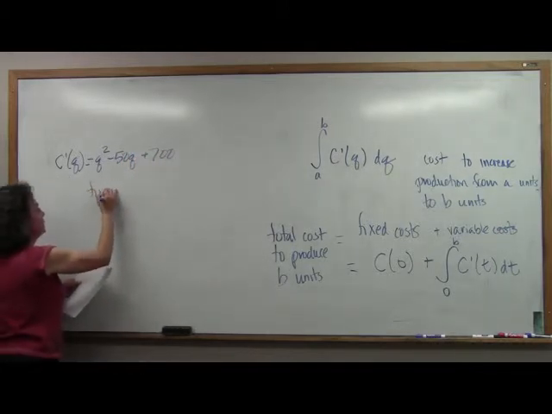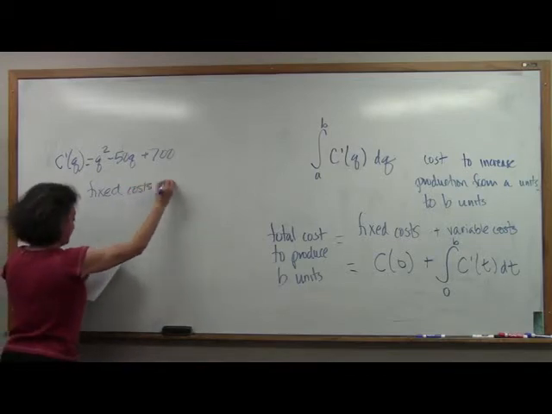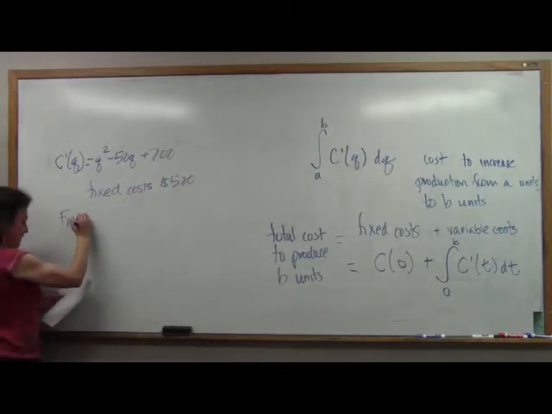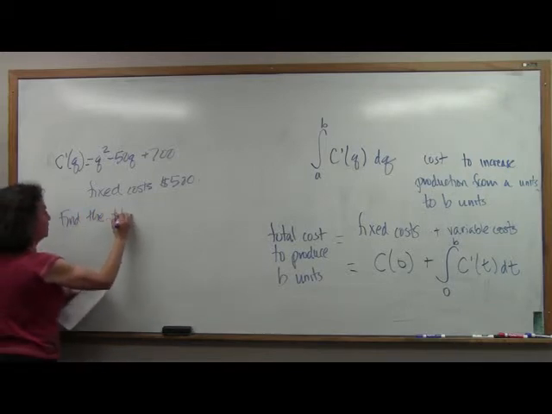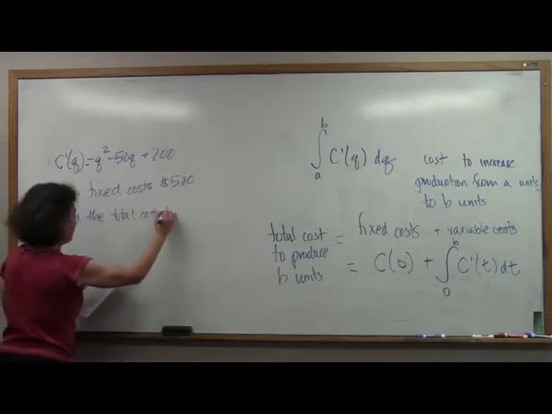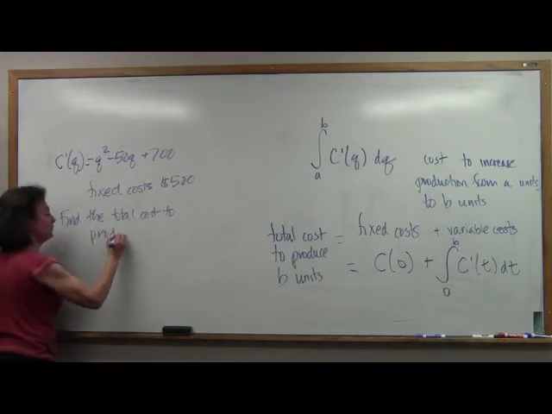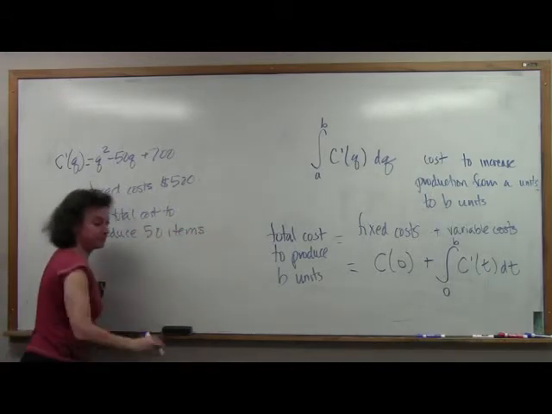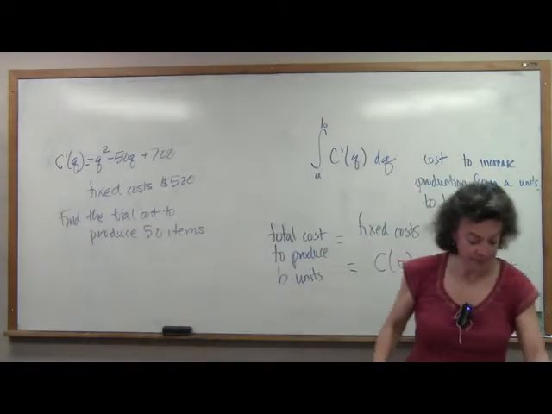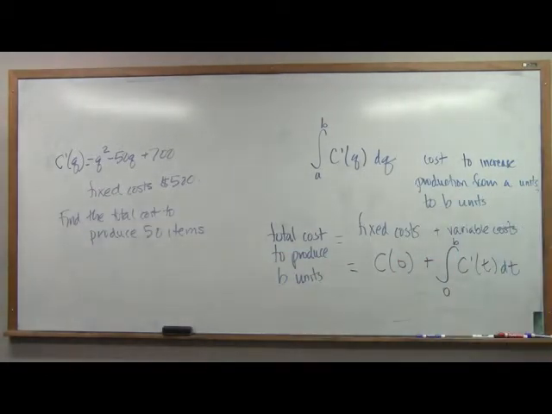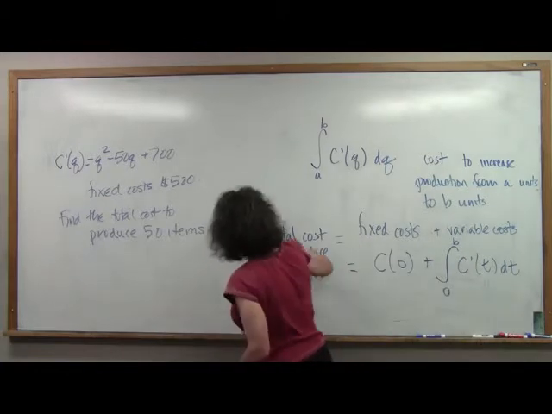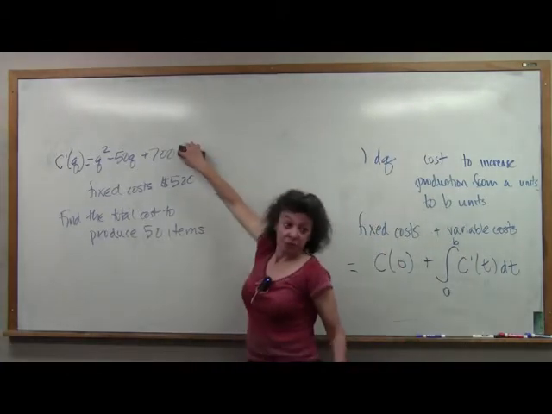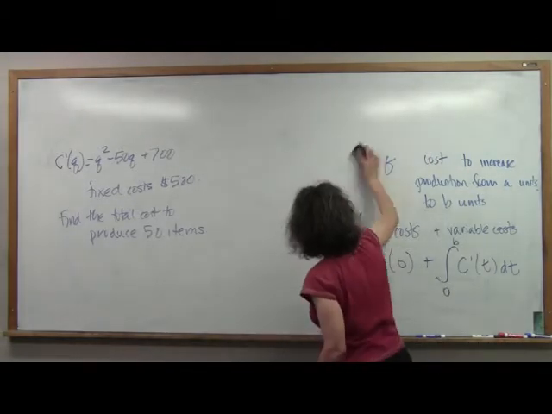And suppose I tell you that the fixed costs are $500. And I want us to find the total cost to produce, let's just say 50 items. Well, if I asked you what is the marginal cost function, this is what you're going to tell me, okay?